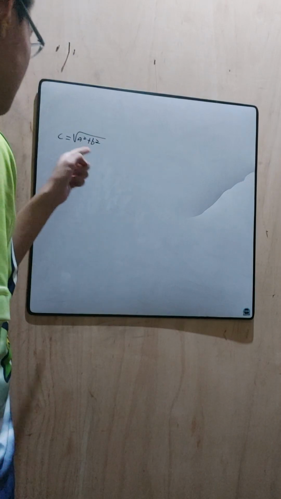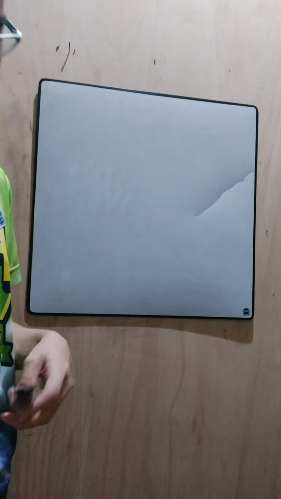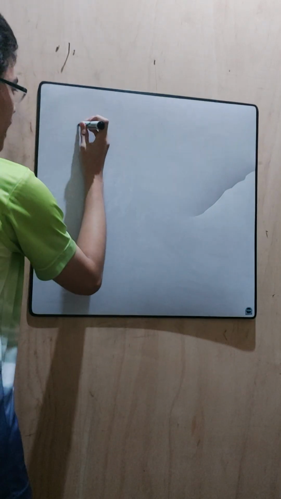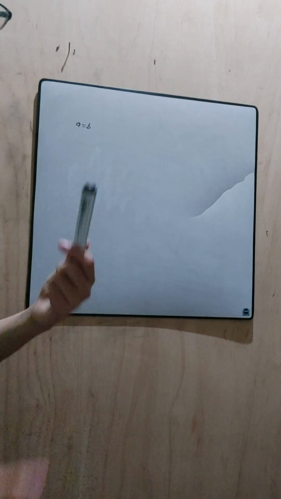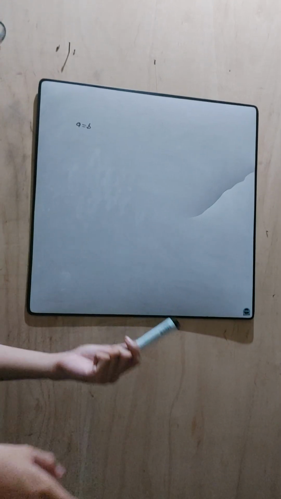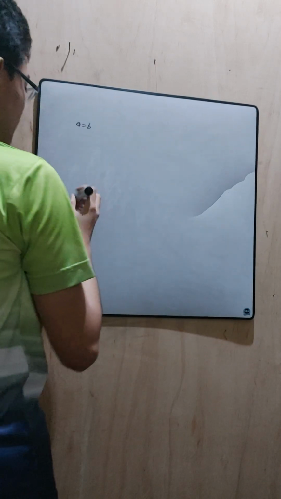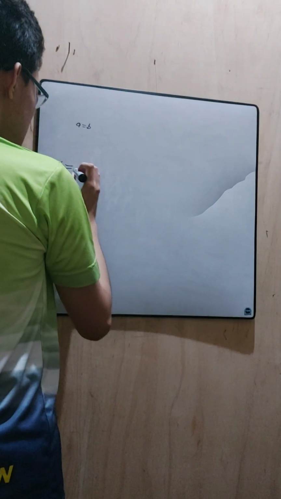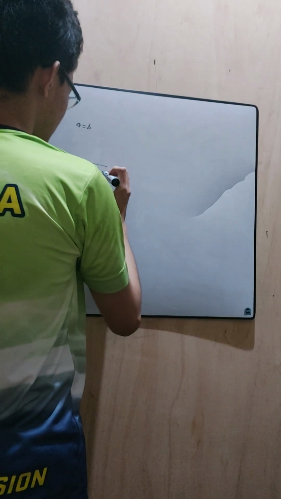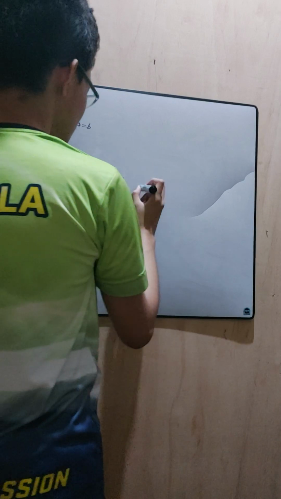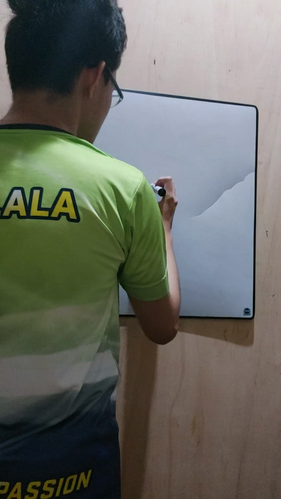Okay? We know that. So, what if a is equal to b? Here's the trick. If a is equal to b, then c is equal to the square root of a squared plus b squared, and that will lead to a or b square root of 2.